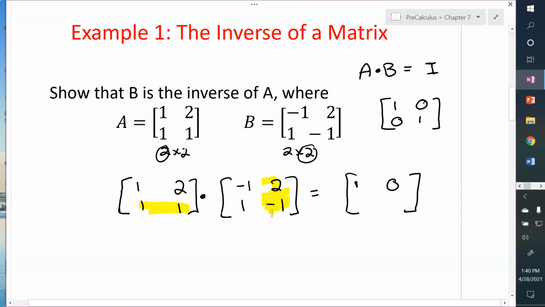All right, so 1 times 2 is 2, and then we have 1 times negative 1, so 2 minus 1 is 1. I did second row, second column, so that's going to put the answer right here. Let's go back and get the first column.